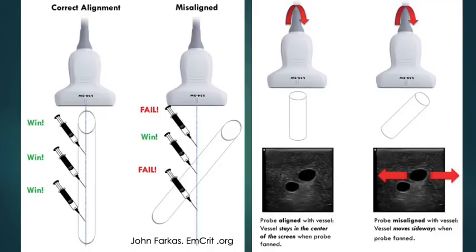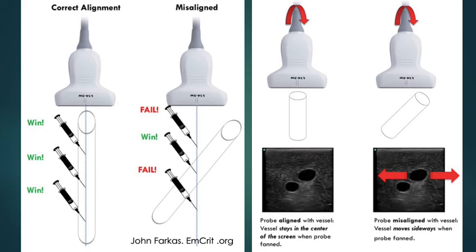Setting up your space, as I mentioned. This is the needle not in plane. So I mentioned before, if you've got a cross-sectional view of your vessel, be sure that when you're moving your ultrasound you keep your tip in view as you progress towards the vessel, ensuring that you're doing that in the trajectory of the vein, as you can see on the left there, as opposed to what's happening when it's malaligned on the right.